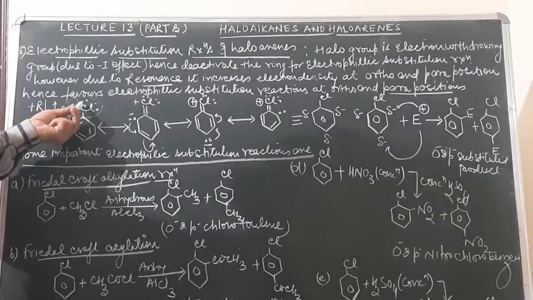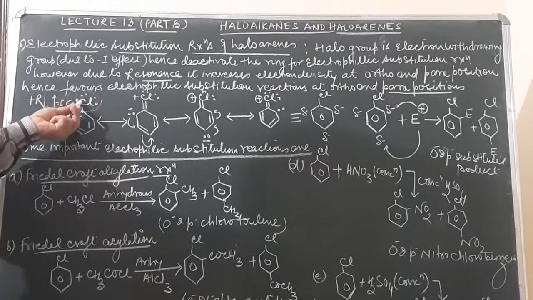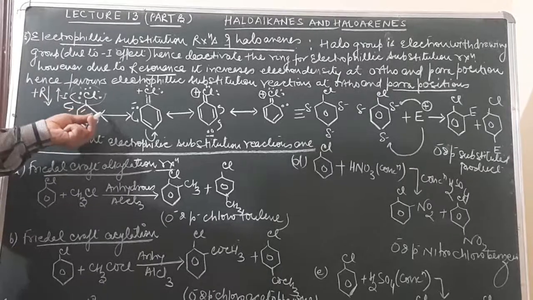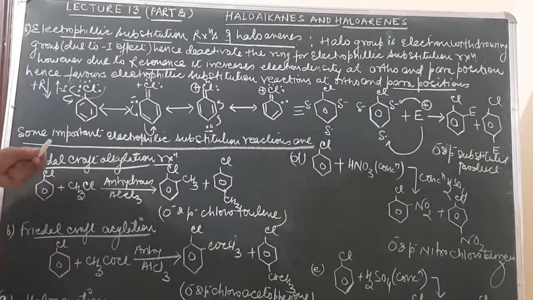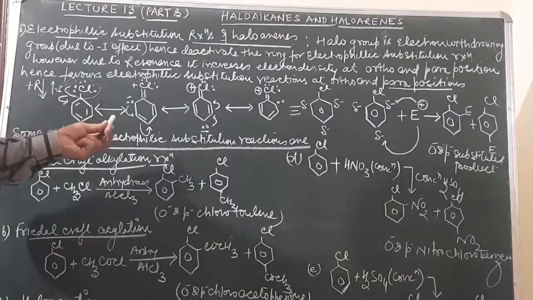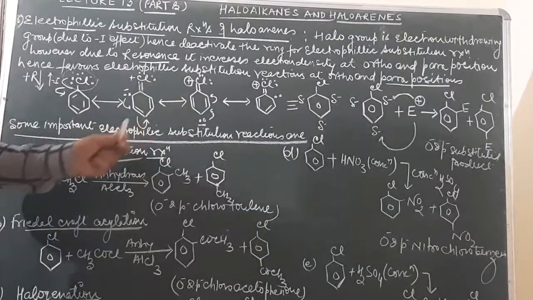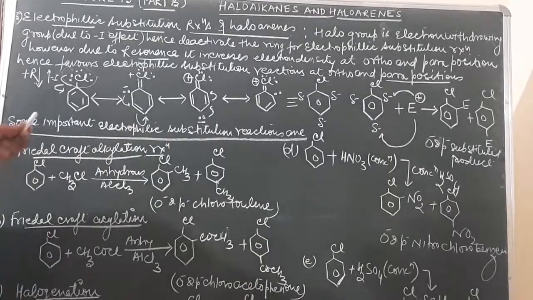So although it is a deactivating group, it is still ortho and para directing, as due to resonance it increases the electron density at ortho and para positions, and whenever the electrophile attacks, it will attack the centers of high electron density, which are the ortho and para positions, and hence favors electrophilic substitution.